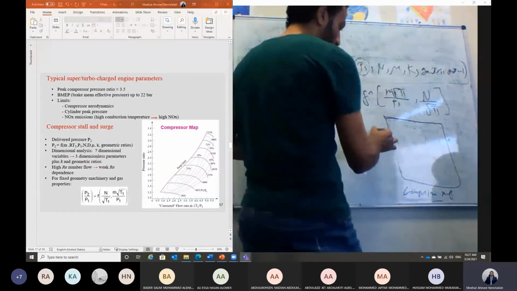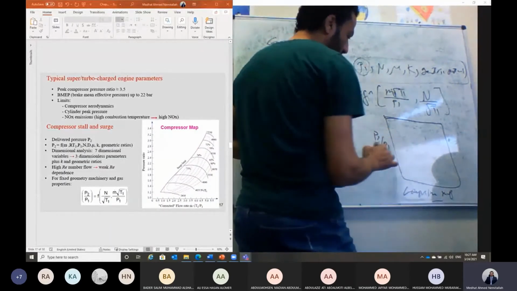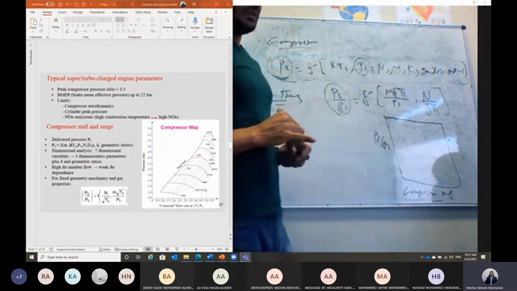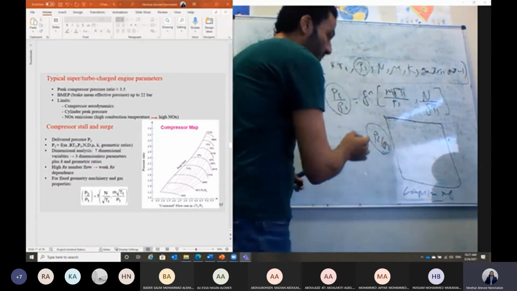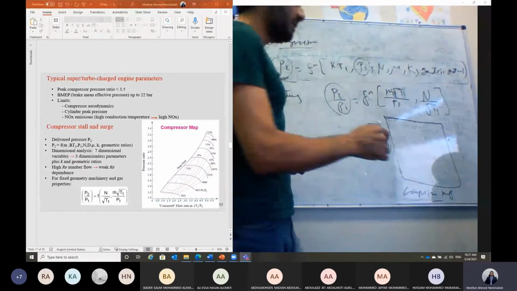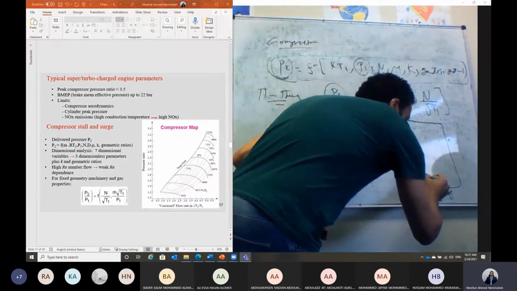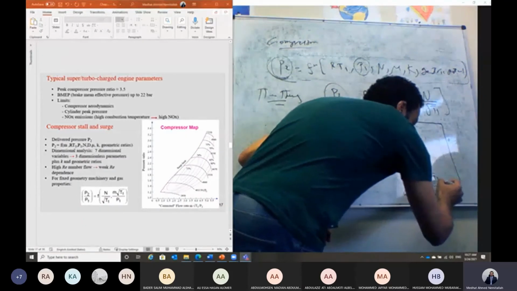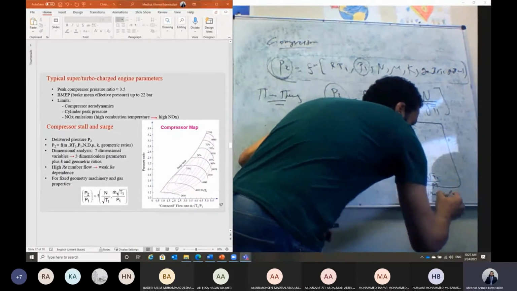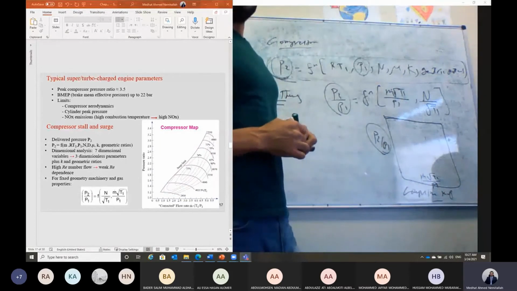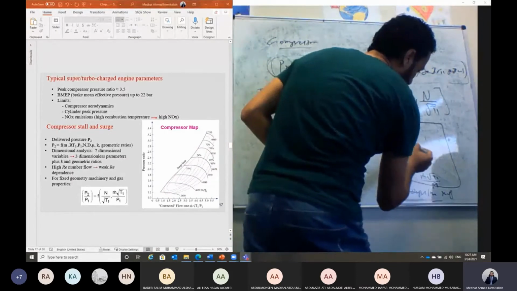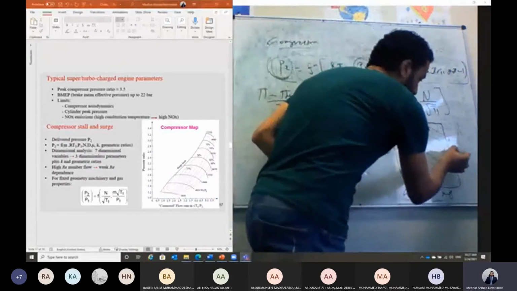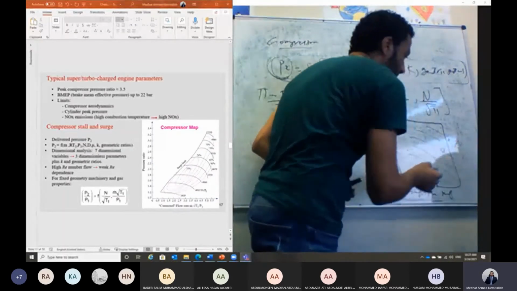This map gives you the pressure ratio across the compressor, P2 over P1, as a function of the mass flow rate in dimensionless form, multiplied by the square root of T1 divided by the pressure P1. And this map gives us the operability of the compressor at different operating RPM.